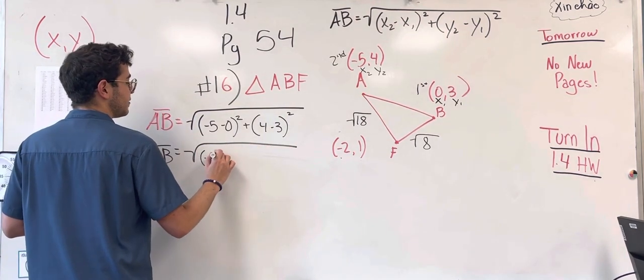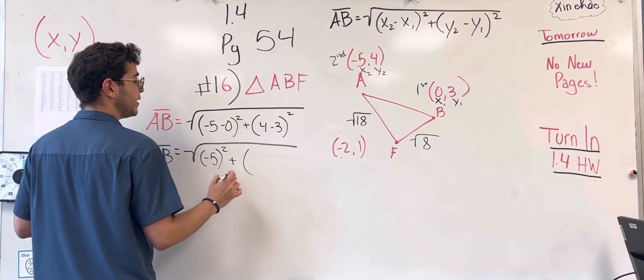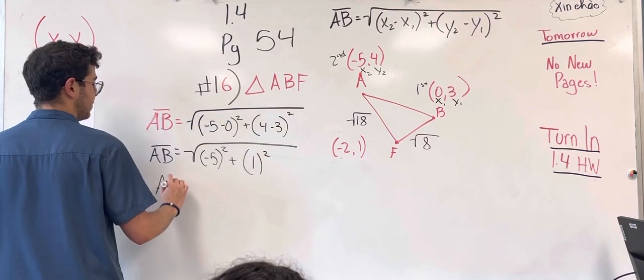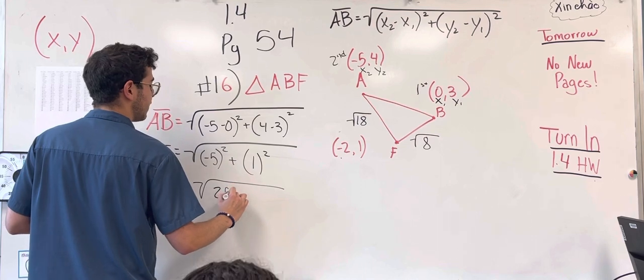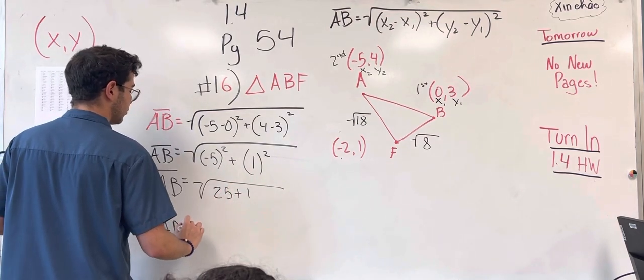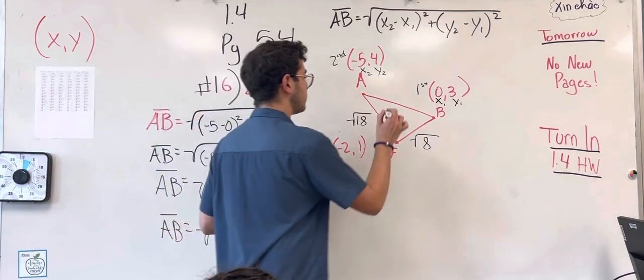Negative 5 minus 0 is still negative 5 squared, plus 4 minus 3 is 1 squared. So AB is equal to the square root of 25 plus 1. AB is equal to the square root of 26.